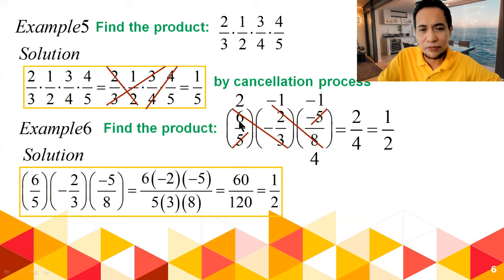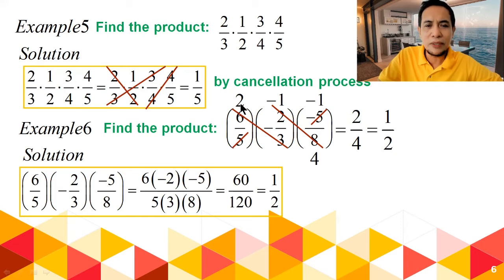By the cancellation process, you can cancel 6 and 3. Of course, you have to divide 6 by 3. The quotient is 2. For 2 over 8, you divide numerator and denominator by 2. So negative 2 divided by 2 is negative 1, and 8 divided by 2 is 4. Then negative 5 and 5: negative 5 over 5 is negative 1.